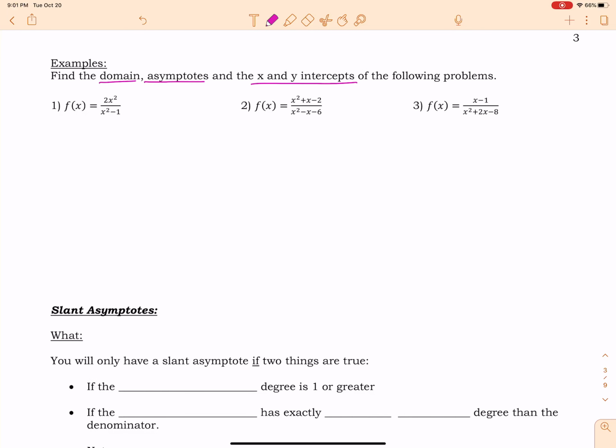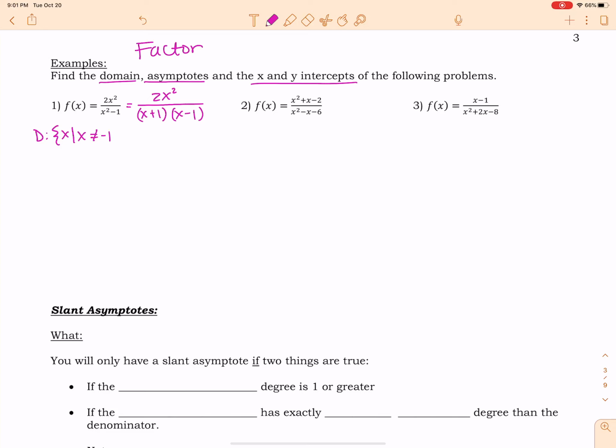The first thing I'm going to do is factor anything that can be factored. Of course, that is my very first step all the time. So my denominator here will factor because it's a difference of squares. So once I do that, now I'm going to go ahead and define my domain. I'm always going to do that first.